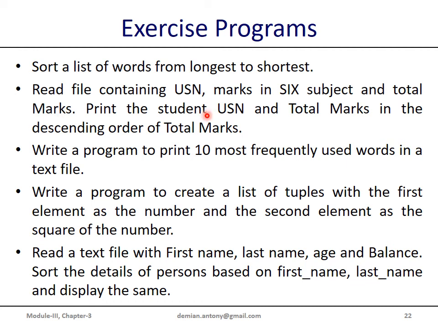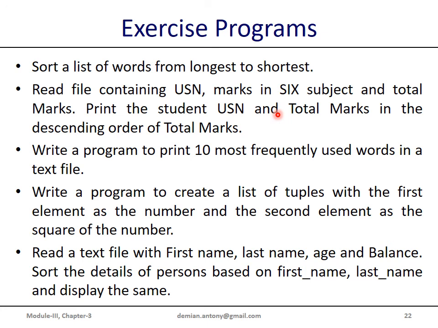So we are interested here in reading a USN and the total marks. You don't have to read other things. What you have to do is read line by line and split based on the space, and read the first item and the 6th item, that means total marks, and you create a dictionary. USN is a key and the value is the marks.